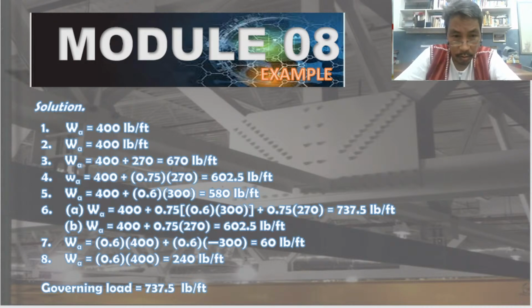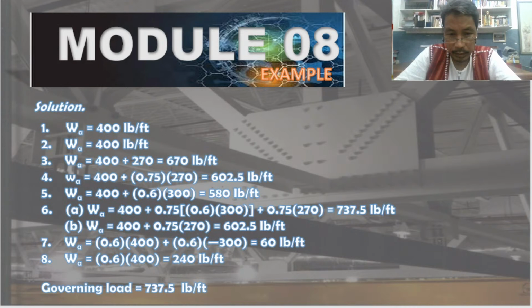So wind load is negative, so therefore the dead load negates the effect of wind. Oh, that's good. That's good for the structure. Okay. And equation number 8, that is 0.6 dead load plus 0.7 earthquake load. There is no earthquake load, so immediately 0.6 times 400, that is 240.